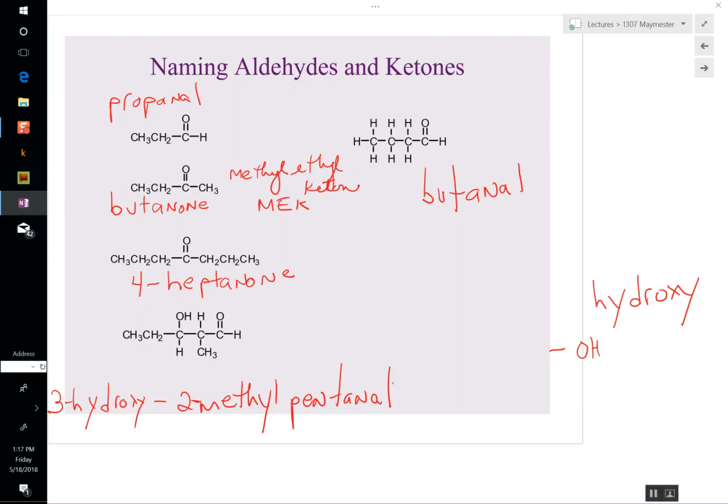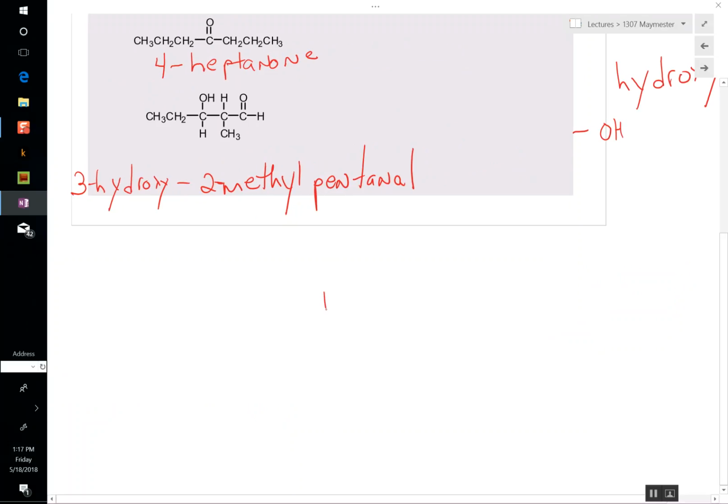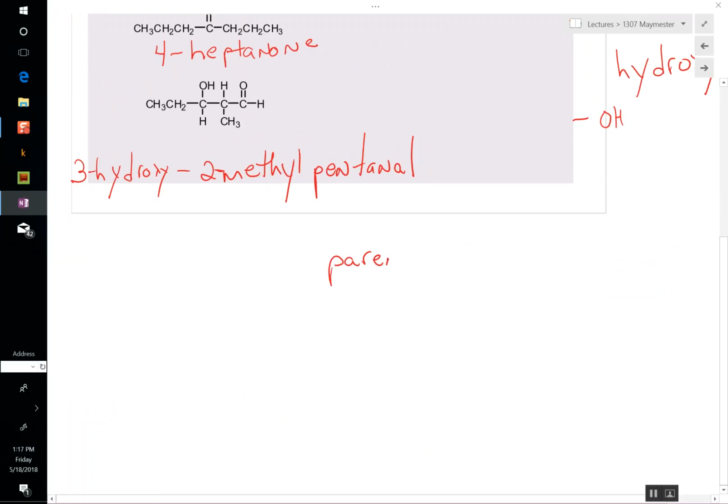And this also points out one other thing that I haven't mentioned yet. When you've got the name, think of an organic name as having 3 parts. The most important part is the parent. The parent name, like the family name. That's that end part. The middle part is alkyl groups. And we're going to put these in alphabetically.